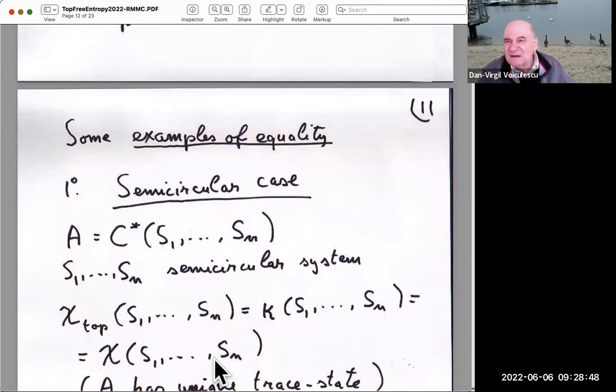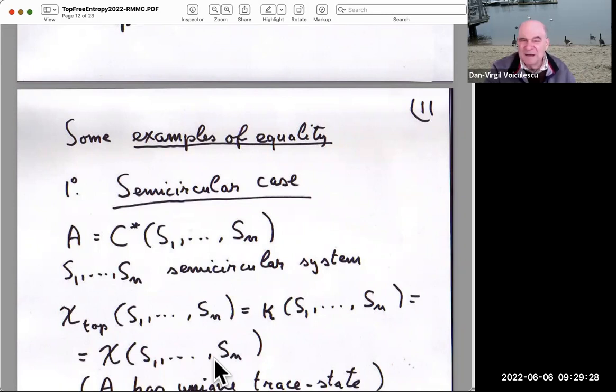You take a Hilbert space H, and direct sum its tensor powers, including the zeroth tensor power, which is C times 1, and then you take left creation operators and their self-adjoint parts.